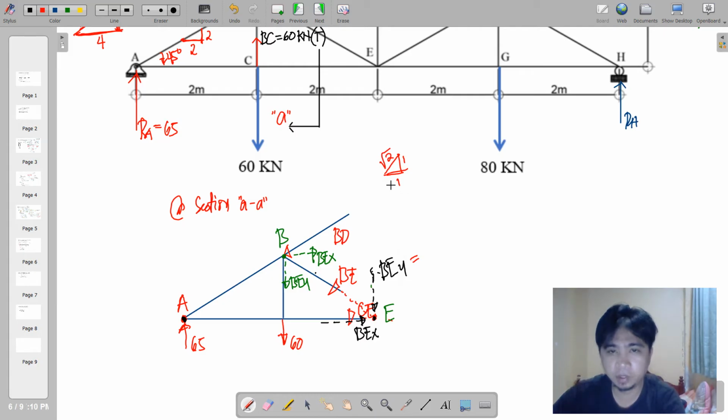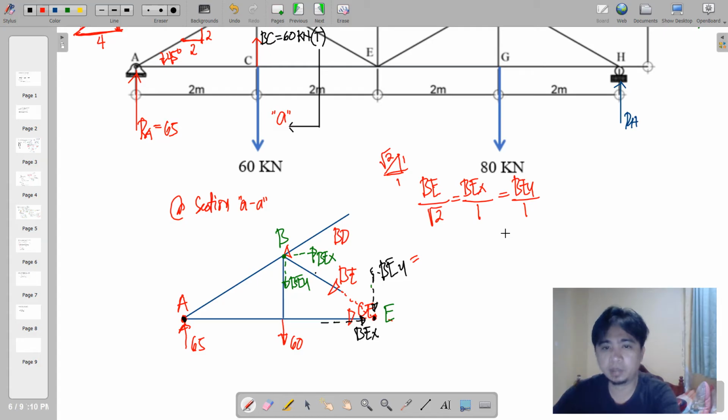Considering the slope here, 1, 1 and square root of 2, we have BE is to square root of 2, which equates to BEX is to 1, and BEY is also to 1.